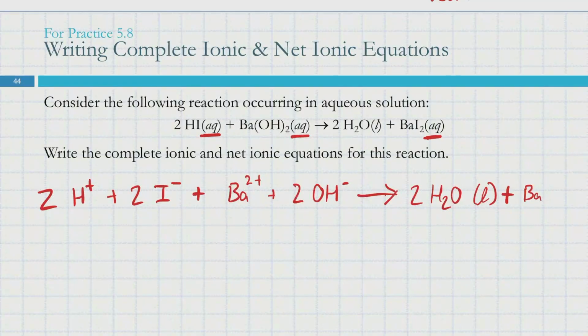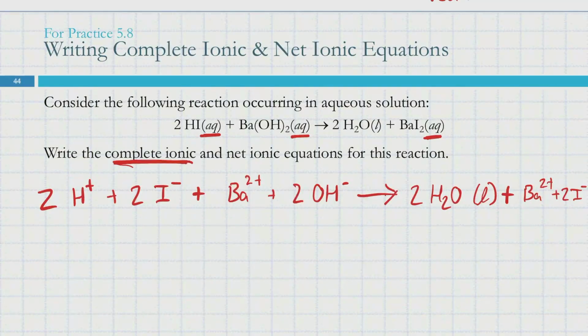So we've got barium 2 plus, and we've got a subscript of 2 on our iodide, so we've got 2 I minus. So this is our complete ionic equation. Everything that's actually an ion in solution, we've separated out to show as an ion in solution.